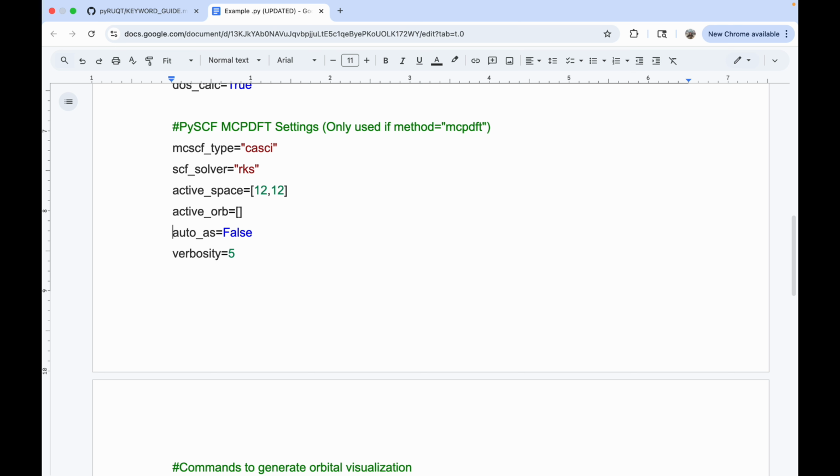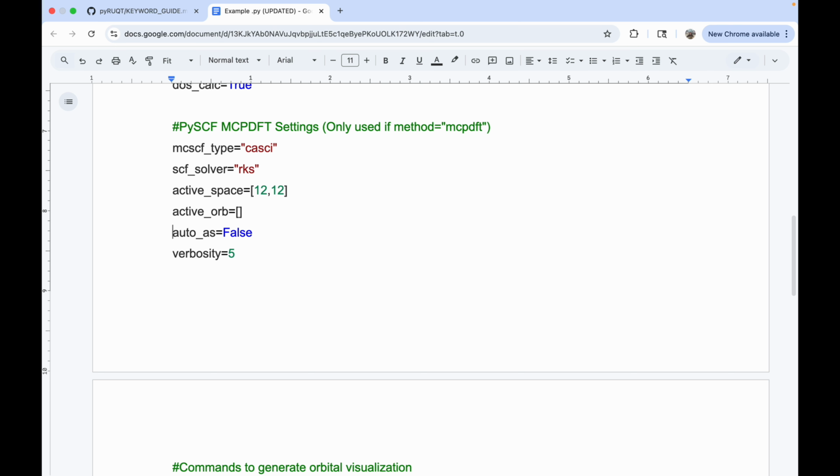Most often you want to set this to true because that will generate the Molden file that you need for visualizing the orbitals, and it's very nice for checking different transmission trends, conductance trends, etc. But if you are just trying to get something to converge, or just trying to get the energy, or you don't really need to know how the orbitals look, you can set this to false.